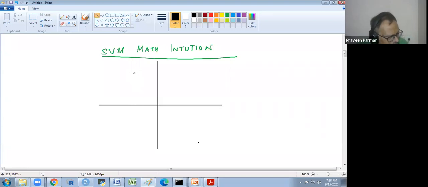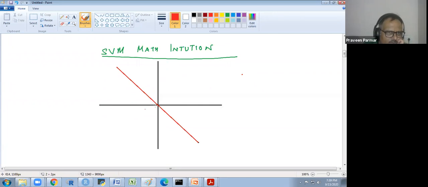Suppose we have a line, a hyperplane, which is passing through the origin, and I have a few points here.